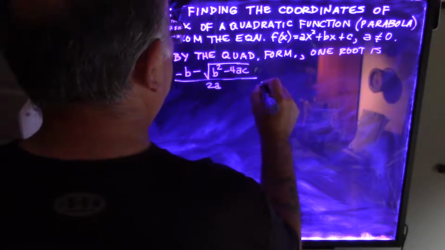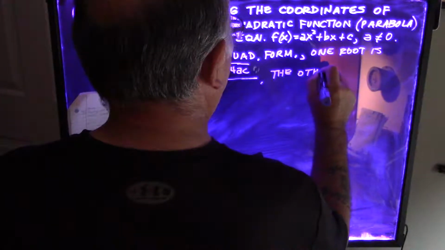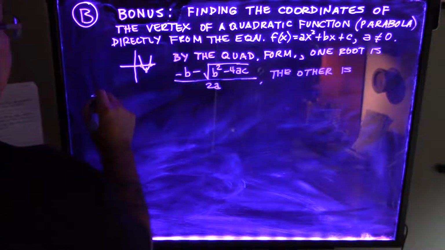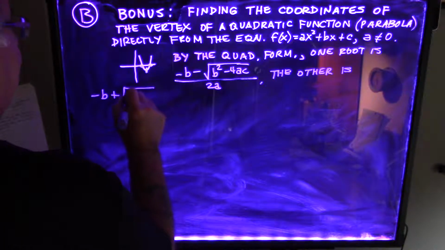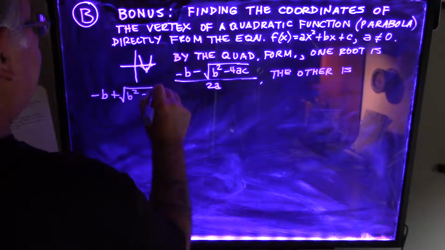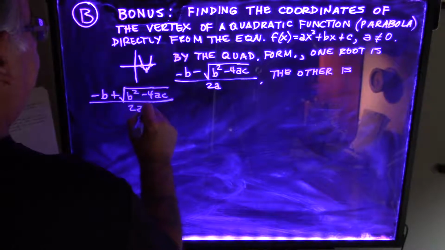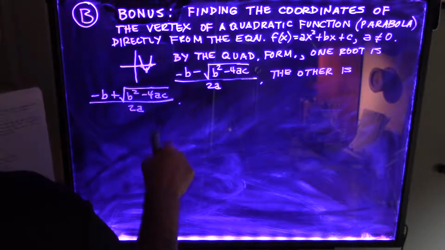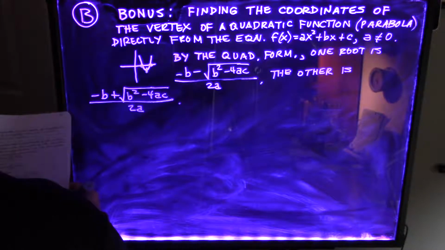The other is negative b plus the square root of b squared minus 4ac all over 2a. Right? Because x equals negative b plus or minus.